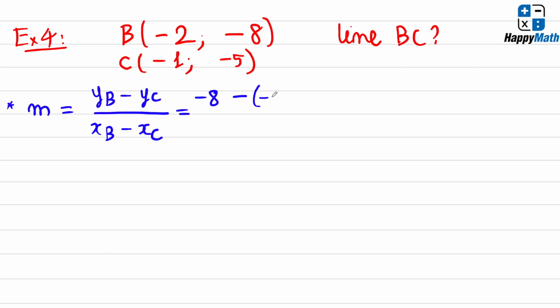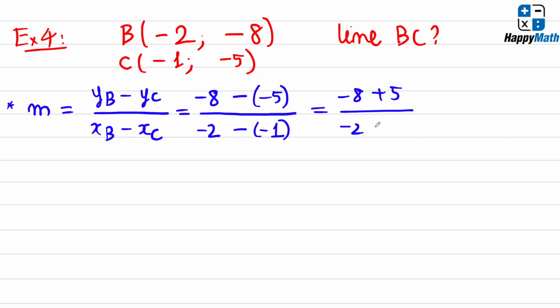So you should put the negative number inside the bracket like this. How about the next one? Negative 2, negative XC. XC is negative 1, so I will put negative 1 inside the bracket in this form. This is negative 8 plus 5, and this is negative 2 plus 1, and you got negative 3, and you got negative 1, and then you got m equal to 3.